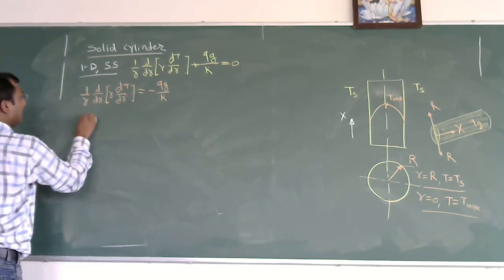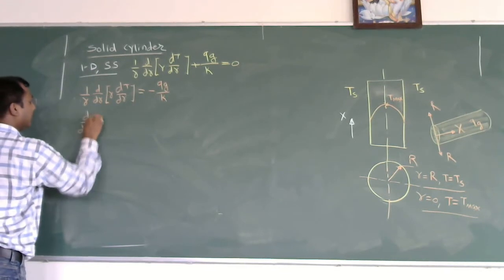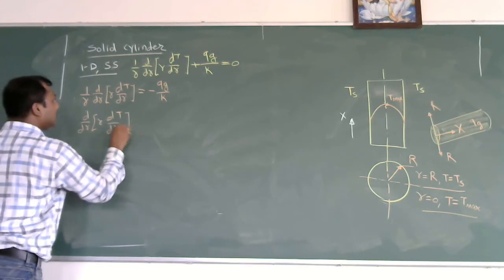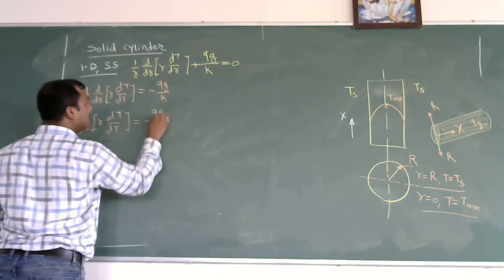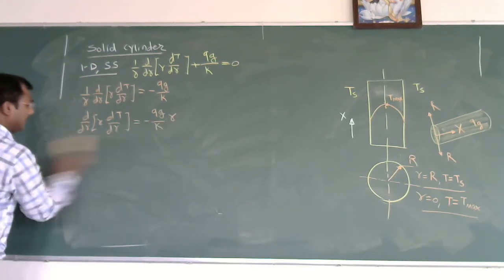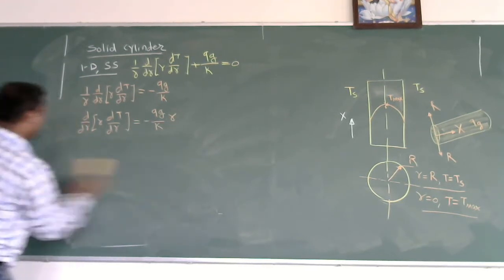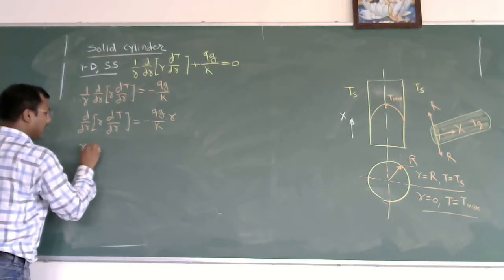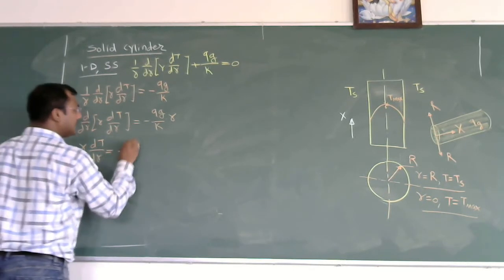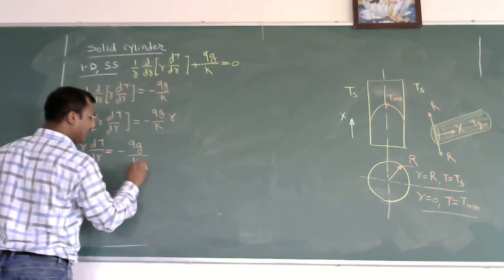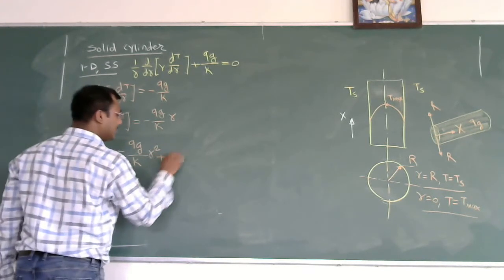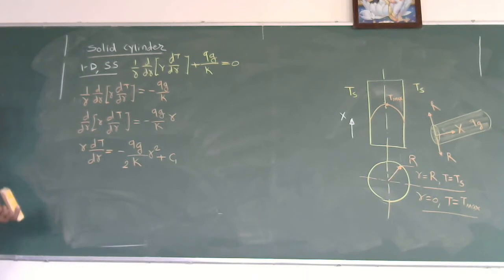Then d by dr of r dT by dr will give me minus Qg by k into r. While solving this equation, r dT by dr will give me minus Qg by k into r square by 2, plus C1, a constant of integration.